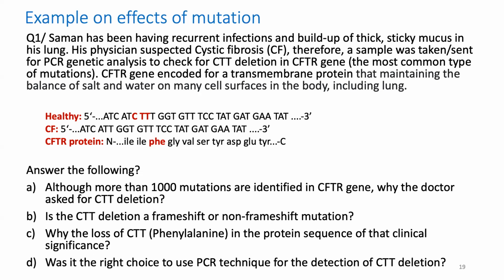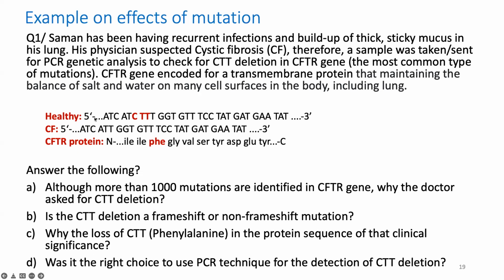Over, I believe, 300 mutations in the CFTR gene can lead to cystic fibrosis. But the most common one, almost 70% of the mutations, is this CTT deletion. The gene itself, as I said, encodes a transmembrane protein that maintains the balance of salt and water in and out of the cell, including lung cells.